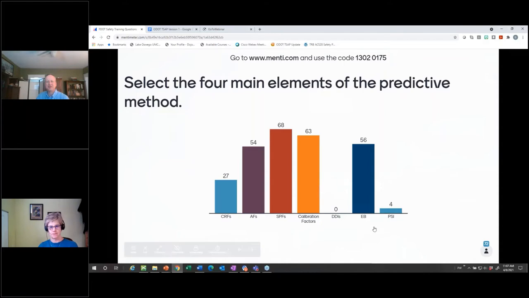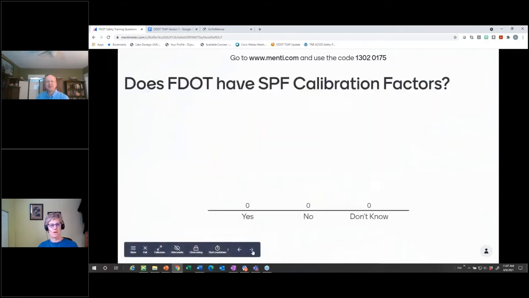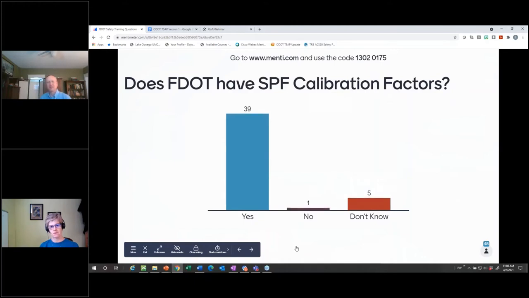The next question is, does FDOT have SPF calibration factors? It's a little bit hypnotic to watch these change.